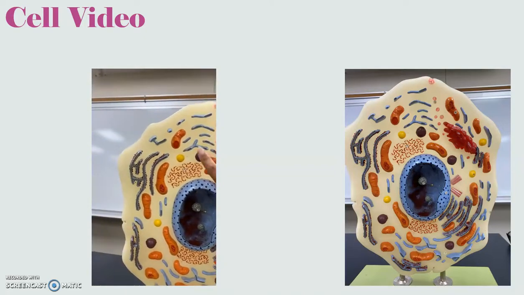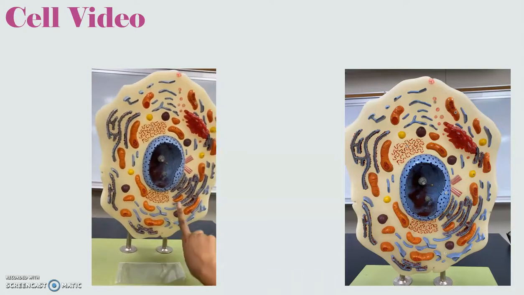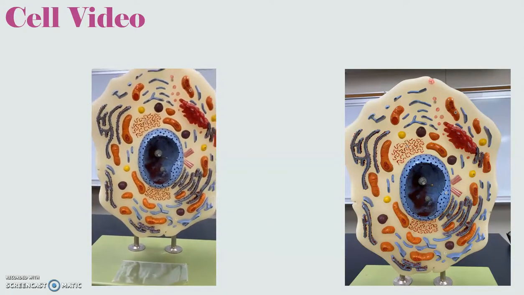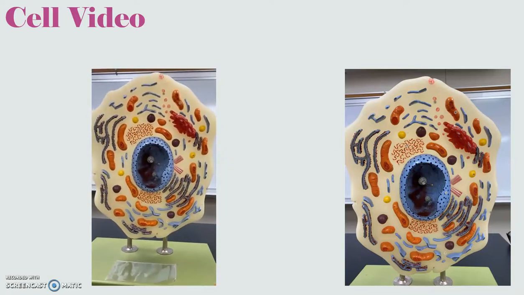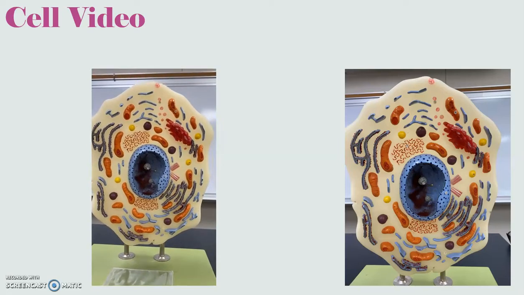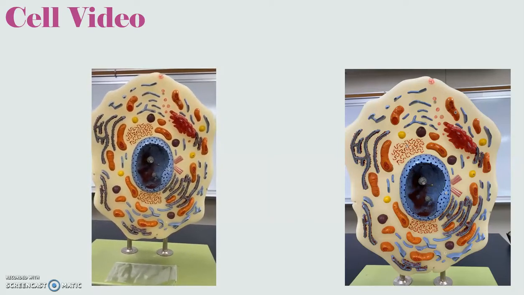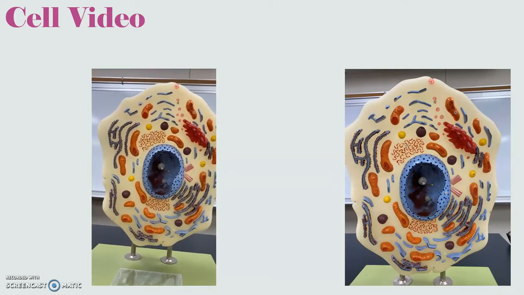You can see they are all over the cell. They are very, very abundant. We have a lot of those, and those are the structures called mitochondria. They're going to generate our energy for us. They're going to generate ATP. ATP is short for adenosine triphosphate, okay? So those are your mitochondria.